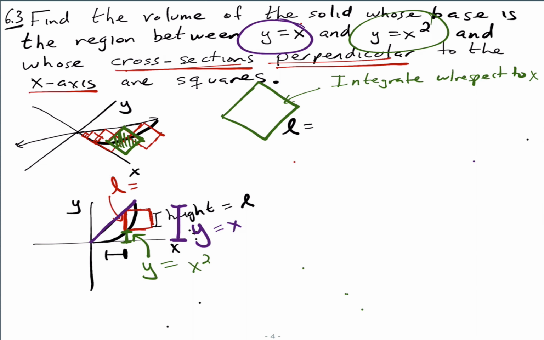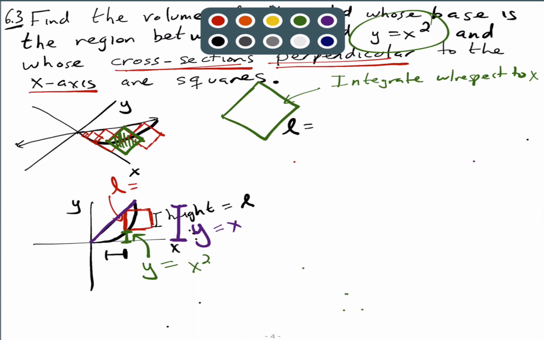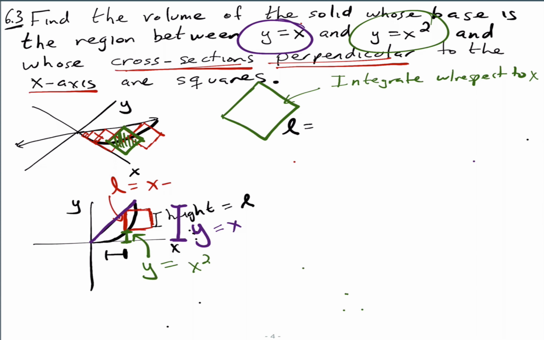So the length of the red line is what? Notice it's the length of the purple minus the length of the green, right? So yeah, exactly. It's x minus x squared. It's this y value minus that y value. So the purple y value minus the green y value. Yes? Okay.